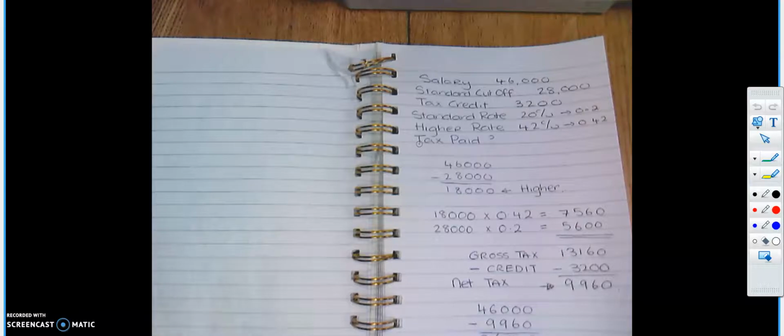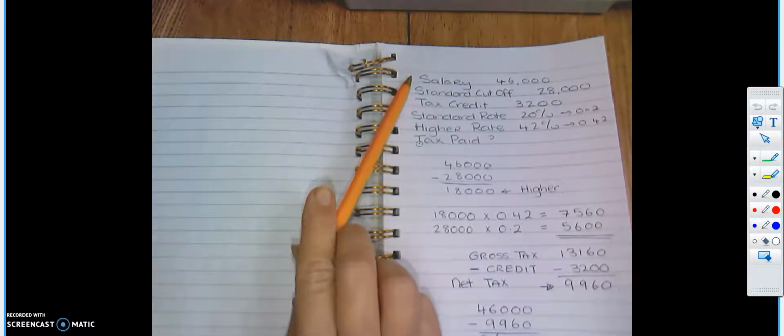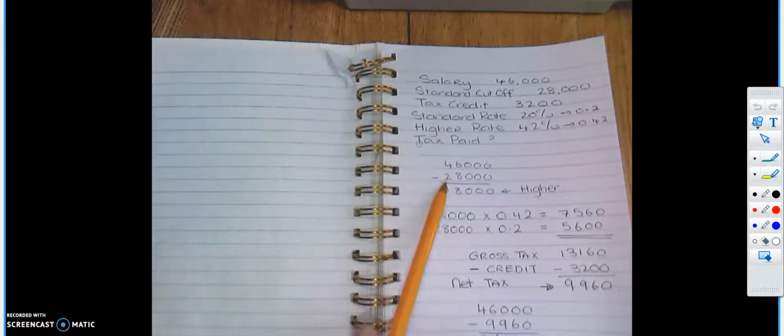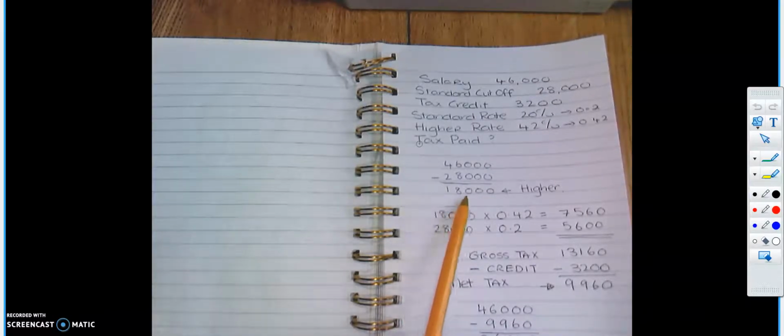Okay, so I hope that explains a few of the steps to you. So the method again: you take the standard cutoff point away from the salary, and you get the amount of money you're going to have to pay higher tax on.